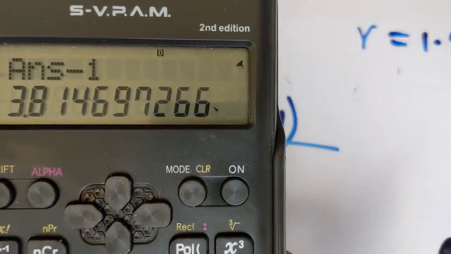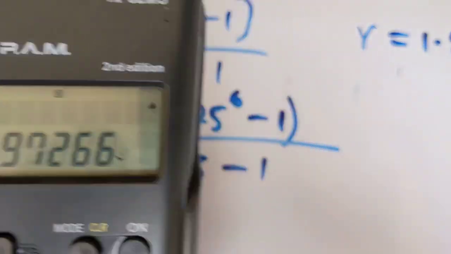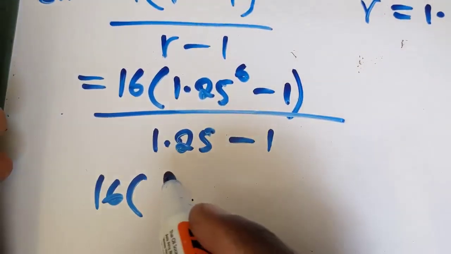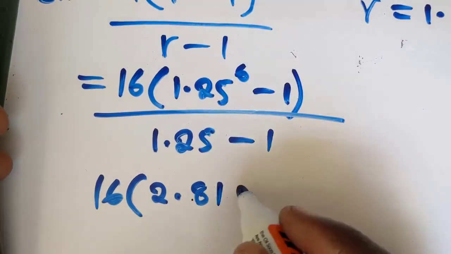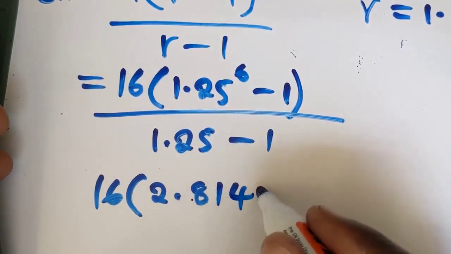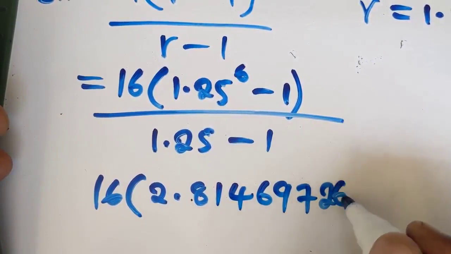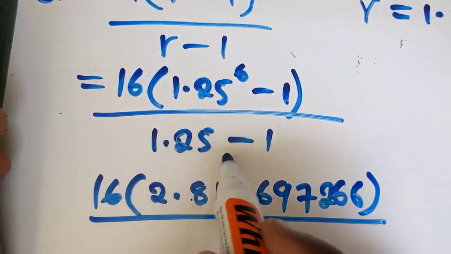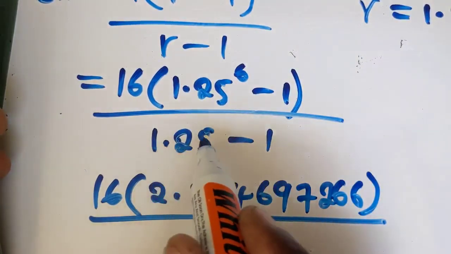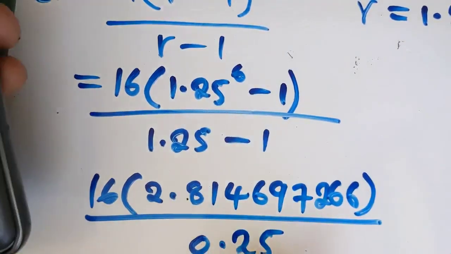So you're going to have 2.814697266. Then it is saying divide by the common ratio. So 1.25 minus 1, you're going to have 0.25.